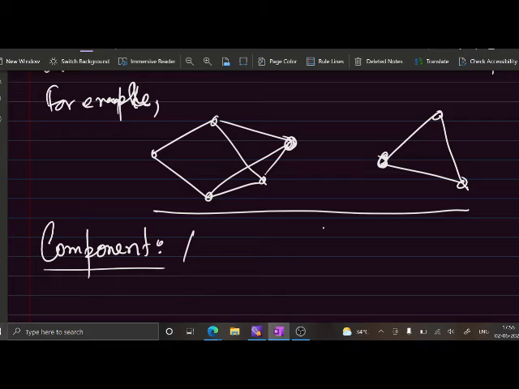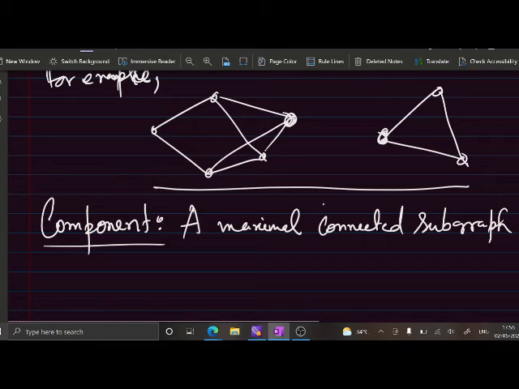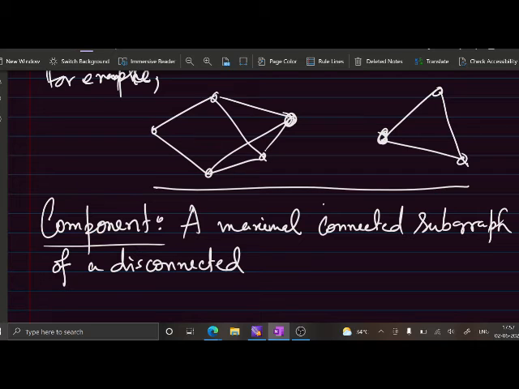We define it as a maximal connected subgraph of a disconnected graph. Your graph should be disconnected. If it is connected, then it is the only connected component, right?